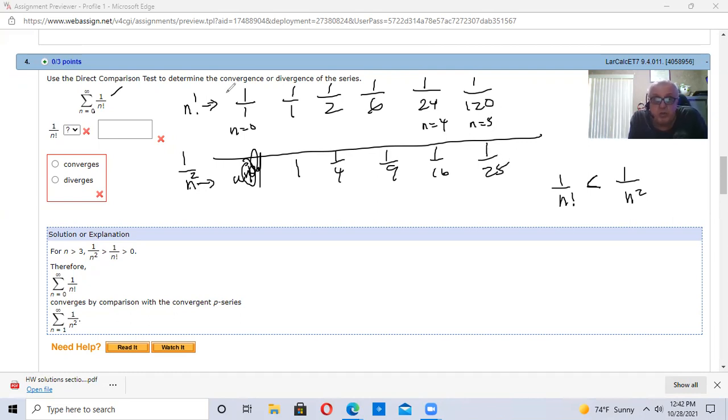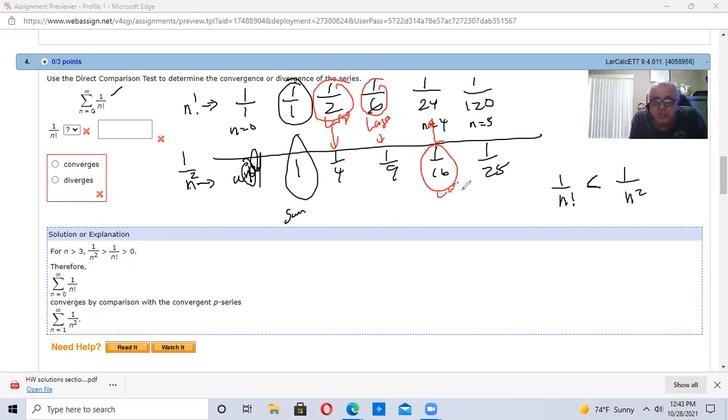So this is really important. Here, the numbers are the same. And I'm going to circle the larger ones in red. This one is larger than the 1/4. 1/6 is larger than 1/9. However, this is larger than 1 over 24.